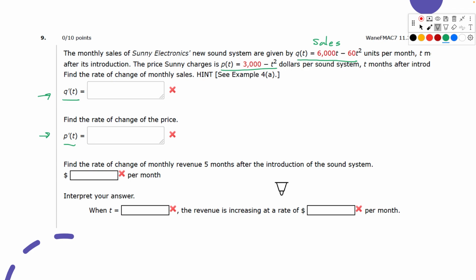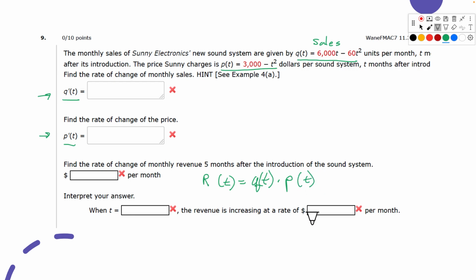Revenue, remember, is the number of items sold, that's Q of T, times the price they were sold at. And this takes into effect that the more that gets sold, probably the price goes down. What do they call it? Supply and demand. So the price is actually changing dependent upon how many we sell.